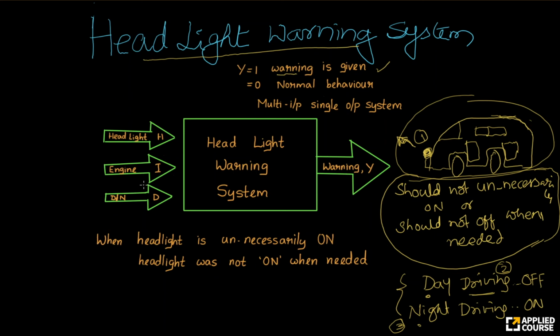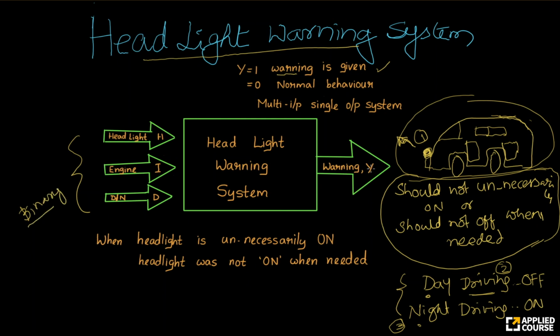Then I, the engine, can be either 1 or 0: 1 means the engine is on, 0 means the engine is off. For the day-night sensor, D is 0 means day driving, and 1 means night driving. So we need to assign Boolean values to each of the inputs. Inputs are binary in nature. They can have only two values, two states.